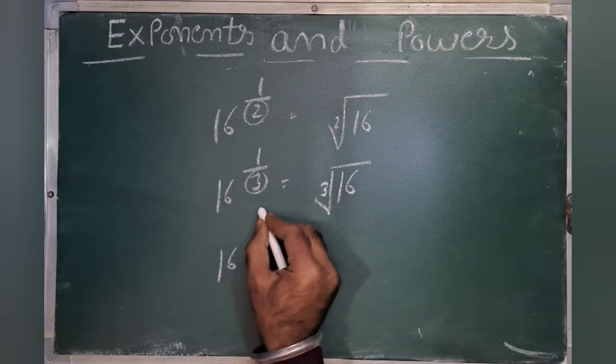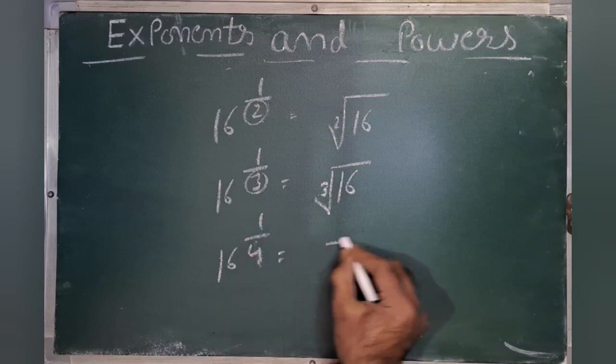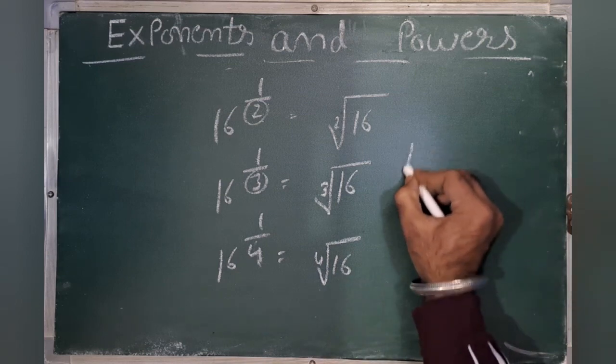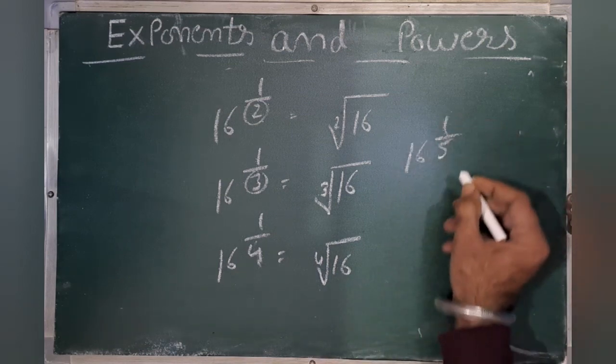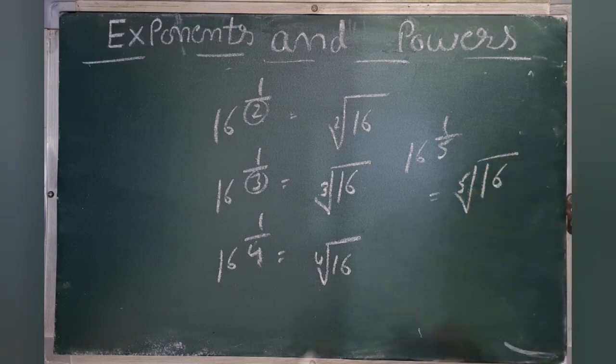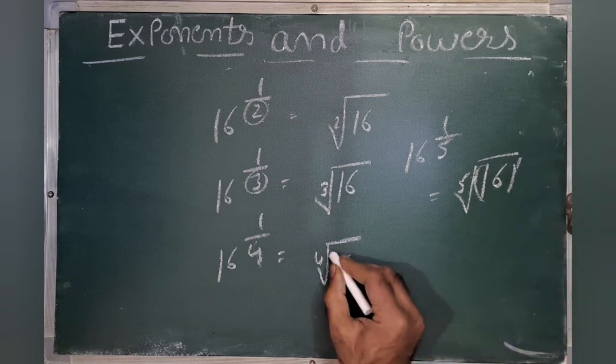If 16 power 1/4, then we have to find the fourth root. Same, if 16 power 1/5 is there, then we have to find the fifth root of 16. Here the power is 1.